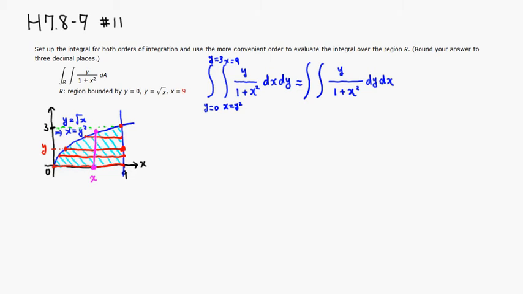Then we sweep the whole thing, with x going from 0 all the way to 9.